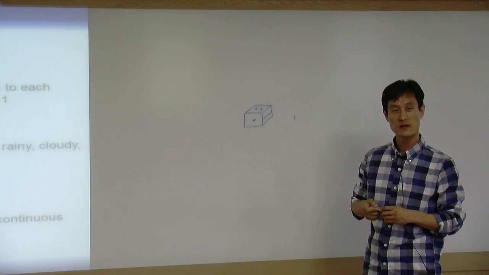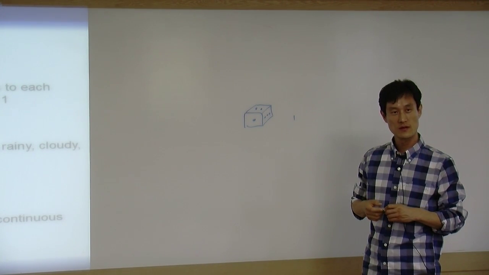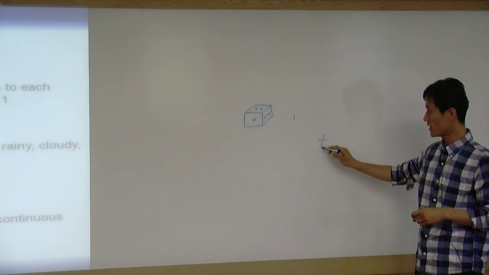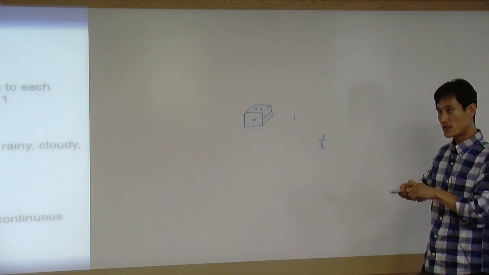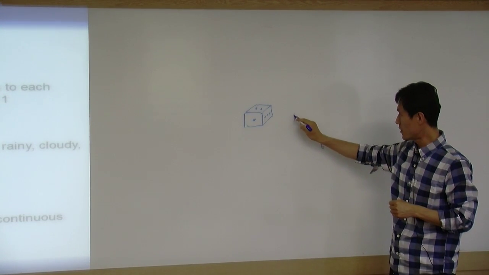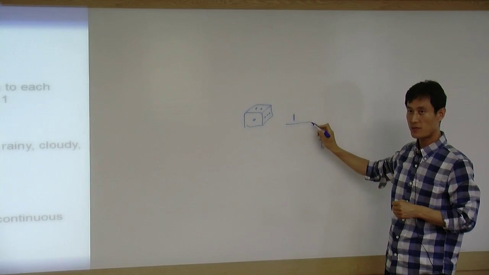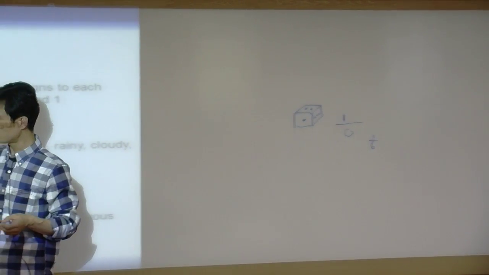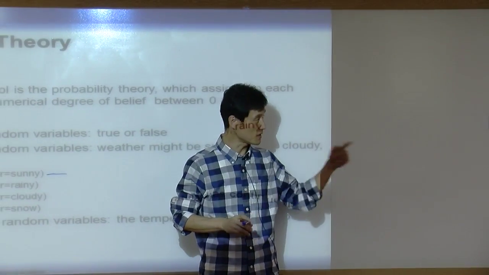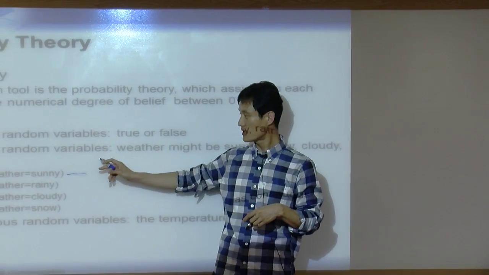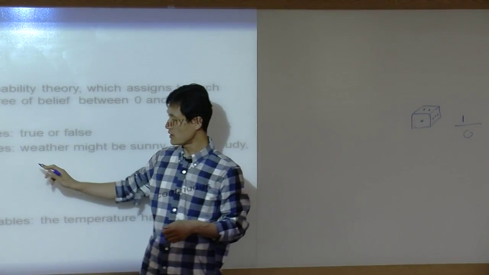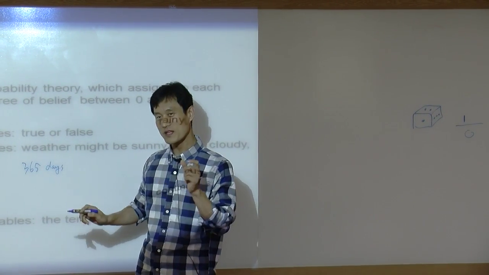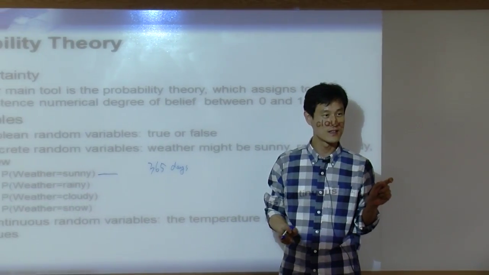How do you know? You know that it's 1/6, right? It's simply the number of cases you have divided by the total cases. Now then, what is the probability that the weather is sunny? Same thing actually. Maybe you can see that we have 365 days a year, and you can count how many days you have sunny.